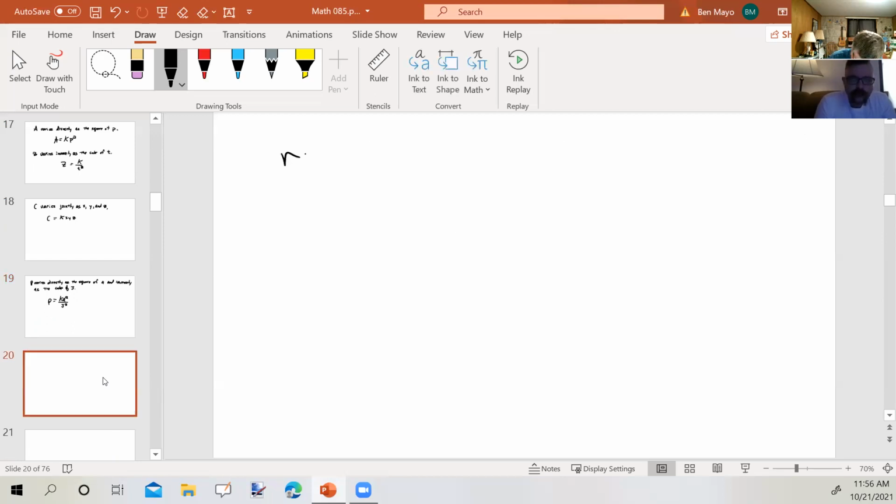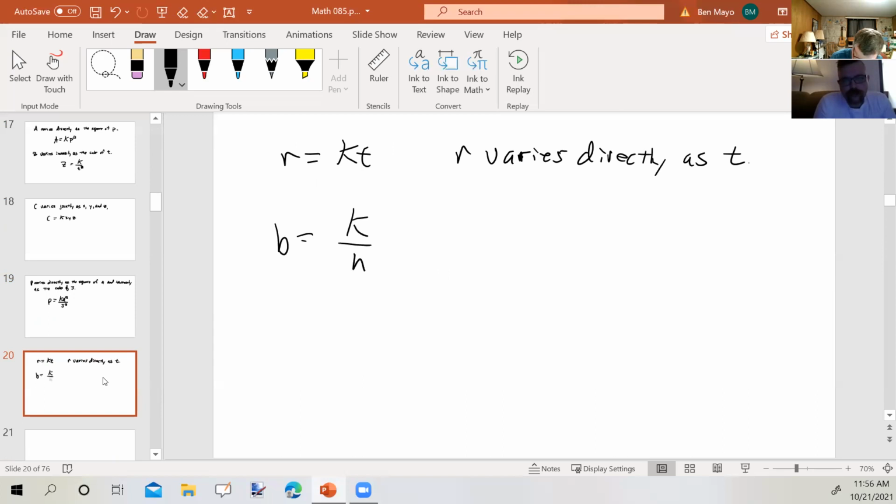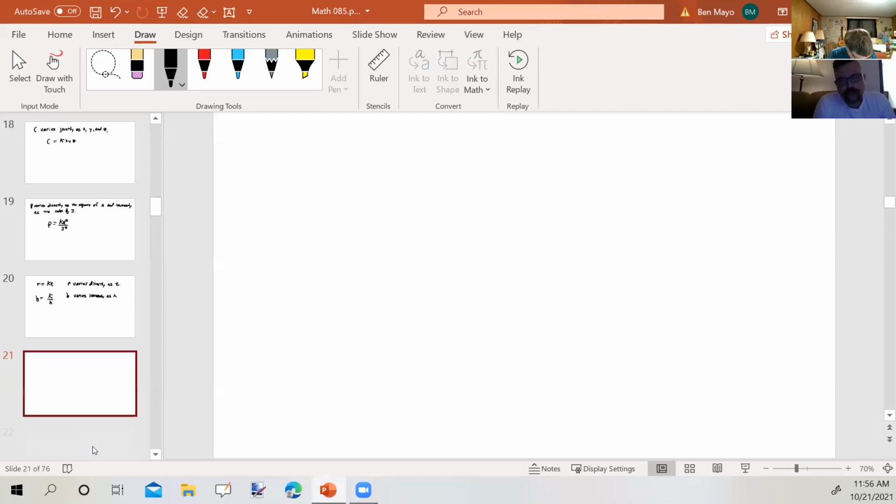So R equals K T would be R varies directly as T. B equals K over H. B varies inversely as H. And let's see here.